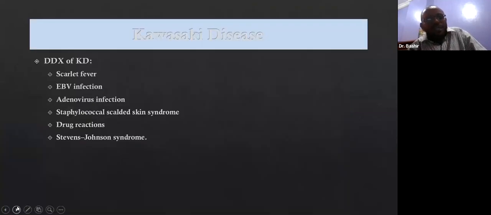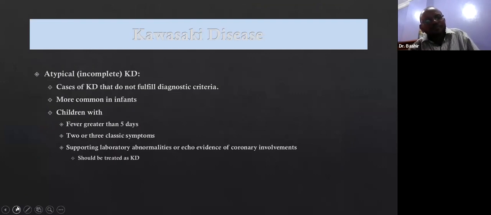Differential diagnosis of Kawasaki: scarlet fever, Epstein-Barr virus infection, adenovirus infection, SSSS, staphylococcal scalded skin syndrome, and drug reaction such as Stevens-Johnson syndrome. As we said, if you fulfill all the criteria, this is typical or complete Kawasaki. Atypical or incomplete Kawasaki are cases of Kawasaki disease that do not fulfill the diagnostic criteria.